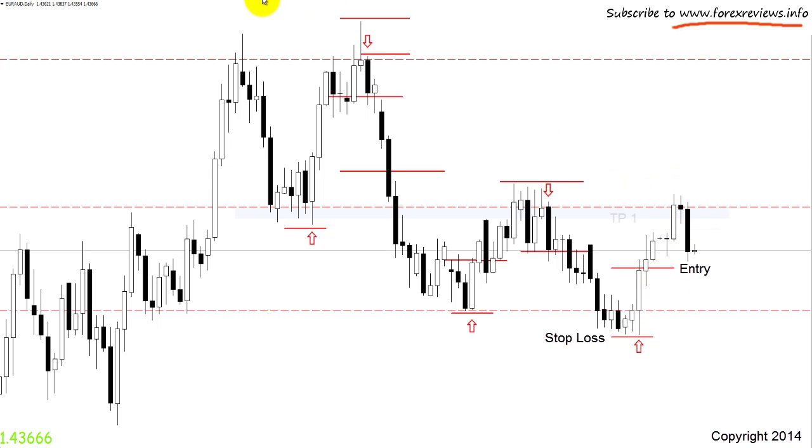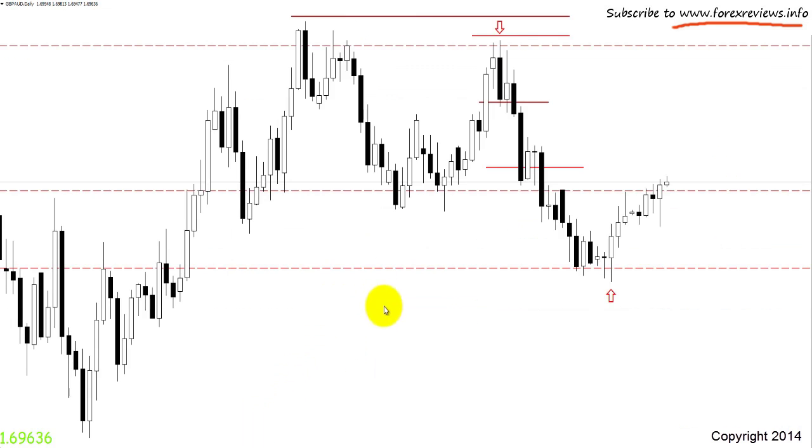So 1-to-1 would have been about here. And then the second trade, you're allowing it to run. Okay, let's go on to the next pair.